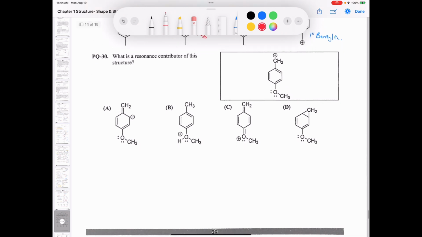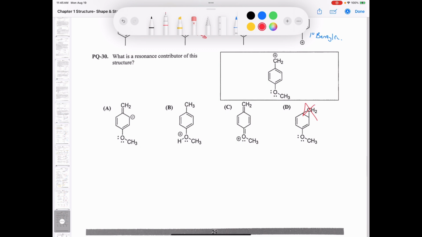Number 30, what is a resonance contributor for this structure that's shown here? Well, first of all, you've got this benzylic carbocation here. There's nothing wrong with that, but if you look at the answers, the first thing I notice is, why is this ring in here? There's no resonance form that's going to produce a ring here.